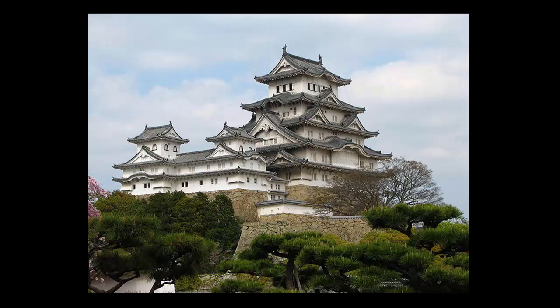Japan, unlike some of its neighbors, was visited more regularly by European traders and travelers, being an island, and they were also willing, because they were used to ship travel, to explore outside of their own territories. And so they sent envoys to Europe and to other places, and they brought back tales and stories about what they saw there, and then they incorporated some of those ideas into their own designs.